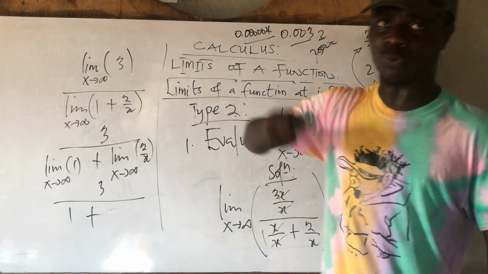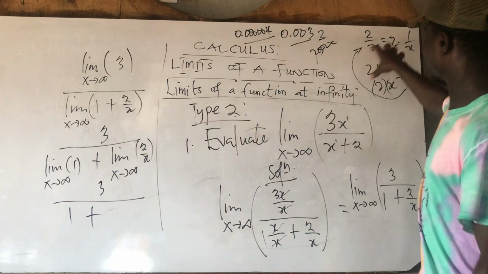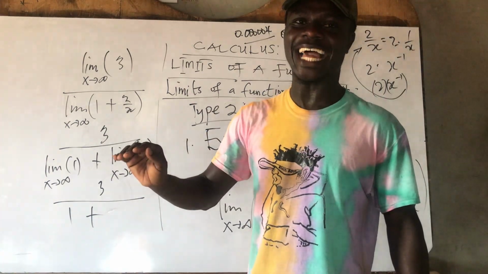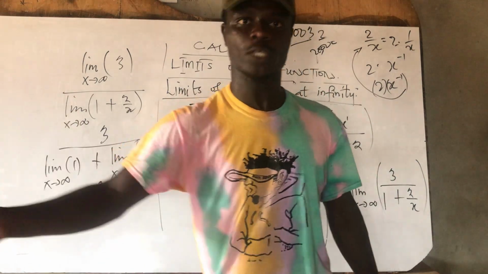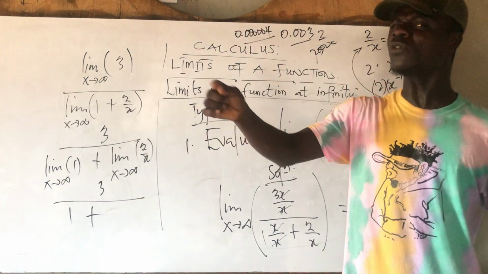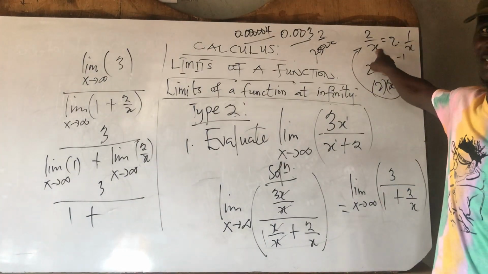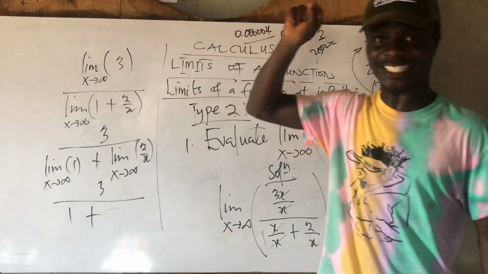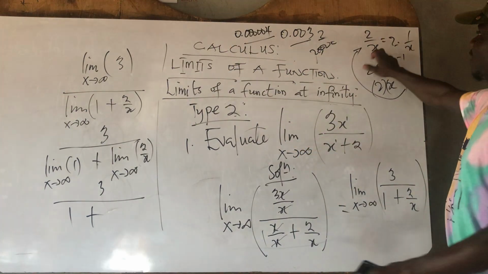So we can see that 2 on x is approaching 0. It's not moving fast, it's moving slowly, because this one is linear. X to the power 1 is linear. But when you check the exponential function, it will approach infinity faster than this.